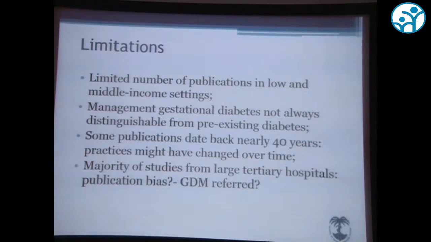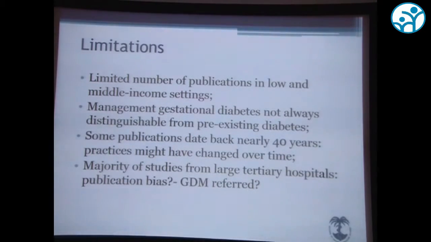The limitation of our study is, first of all, the limited number of publications from low and middle income settings. We had problems to differentiate sometimes the management of gestational diabetes from the management from pre-existing diabetes. This was not always mentioned clearly in the publication.